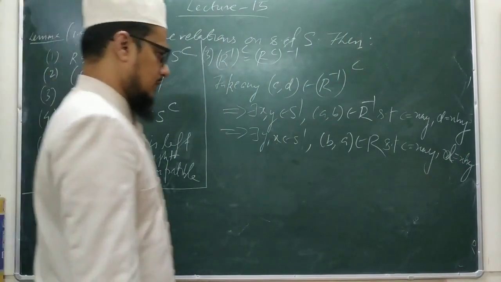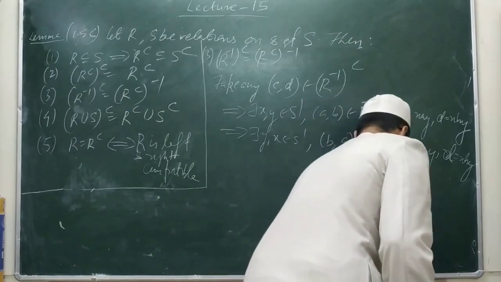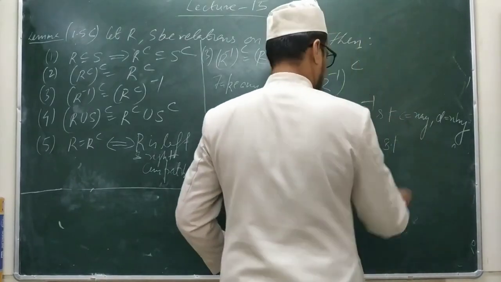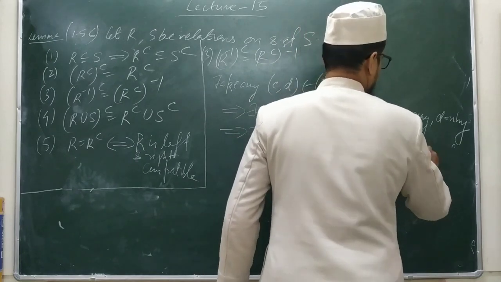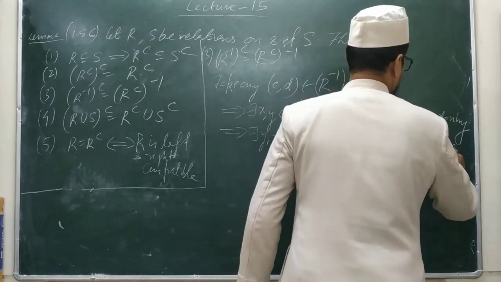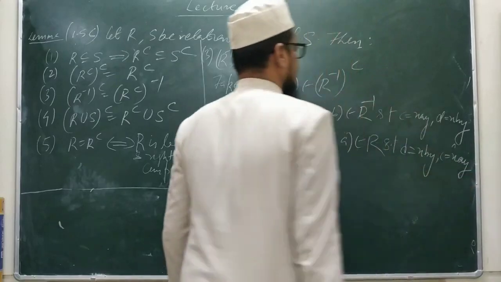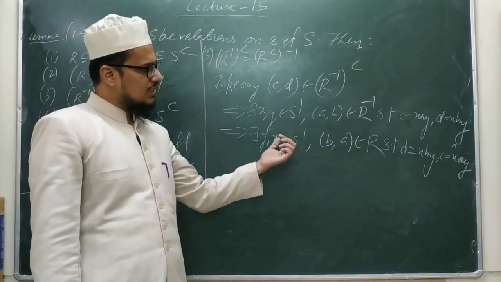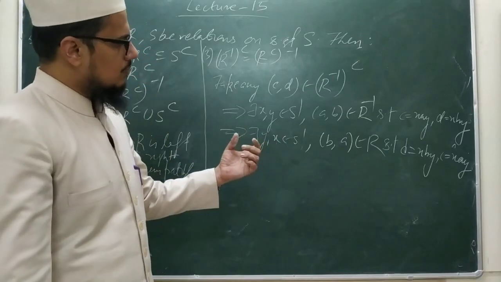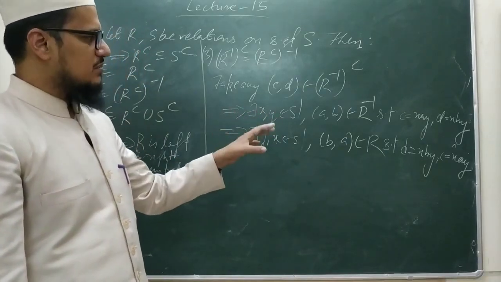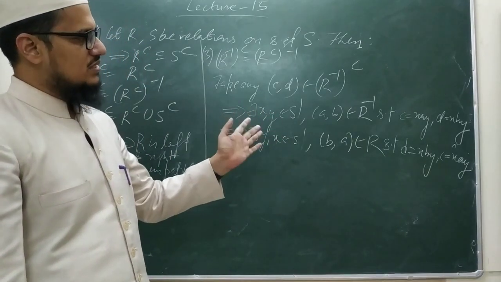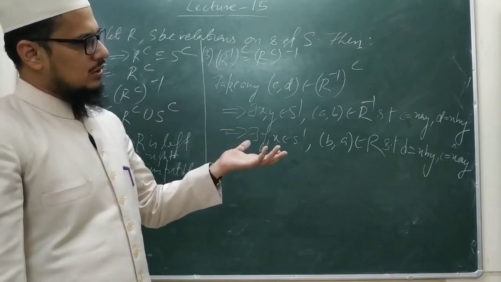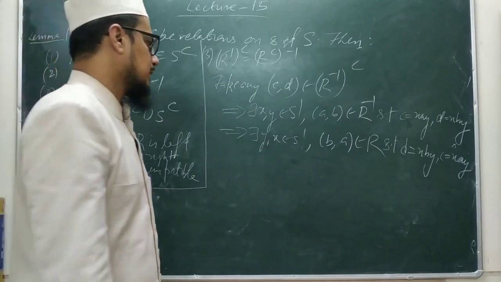Now you see D is equal to XBY and C is equal to XAY. So there exists X, Y belongs to S1, A, B belongs to R converse. It means that B, A belongs to R, such that D is equal to XBY and C is equal to what? XAY. Correct?